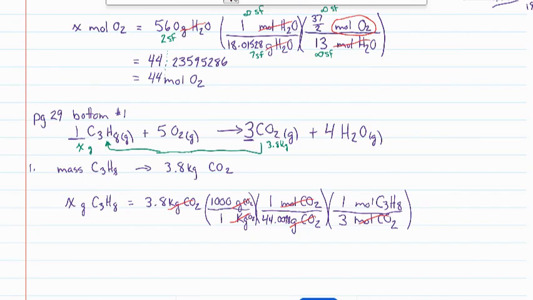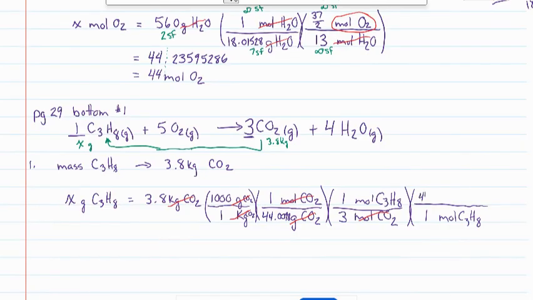How do we find our grams of propane? Well, we need to have moles of propane on the bottom, C3H8, and we know that 1 mole of C3H8 is equal to 44.09652 grams of propane.